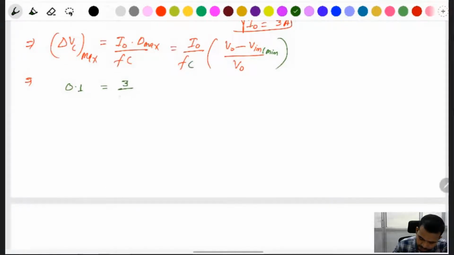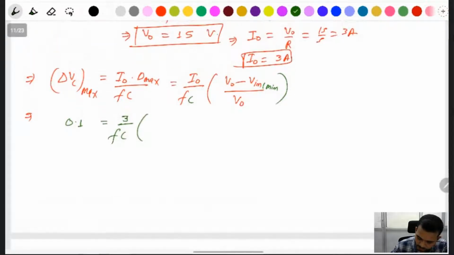I naught is given 3 ampere. V naught is 15, V in minimum 6, divided by V naught 15.